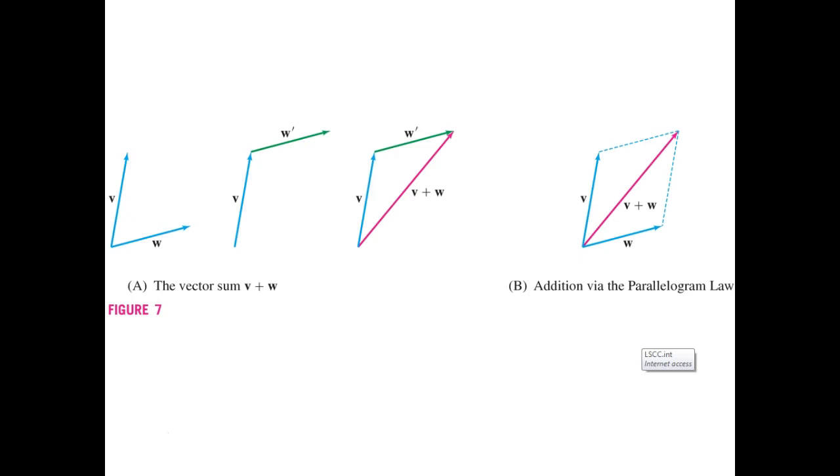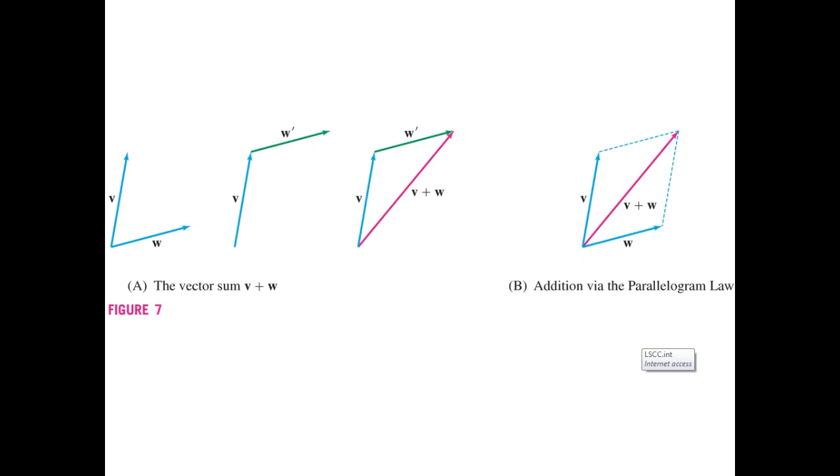Like I said, back when we were talking about this, they said most of the time we'll assume that the base point is at the origin. Not when we're doing basic vector addition. Here it could have been at the origin, but it makes more sense to do the addition by putting the base point of W on the terminal point of V. That's what we did and called it W prime.